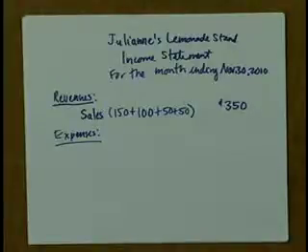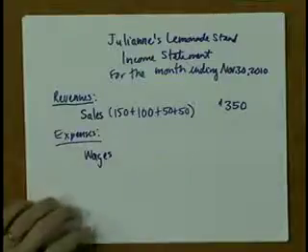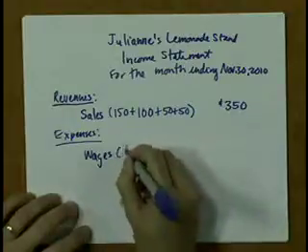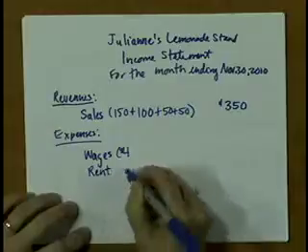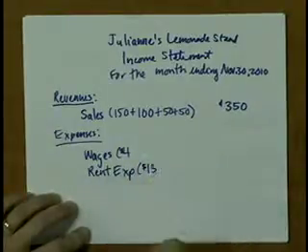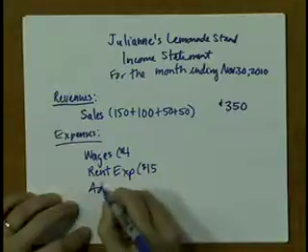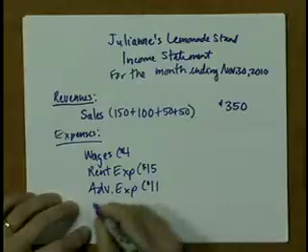There we go. Incurred expenses. Okay. So at that point, I had some wages. What are you, $4? I had some rent. 15. Advertising. And utilities.